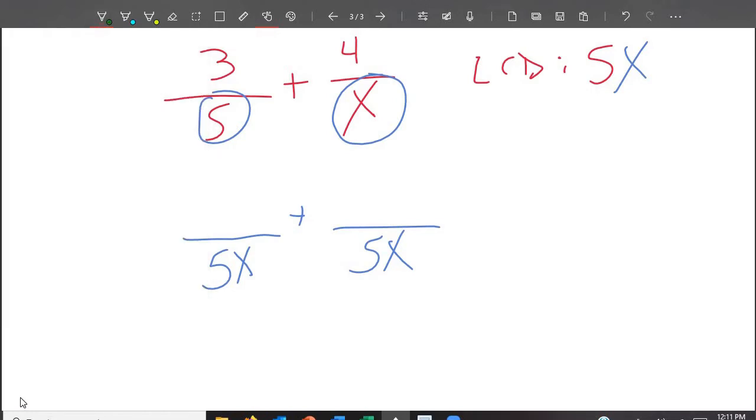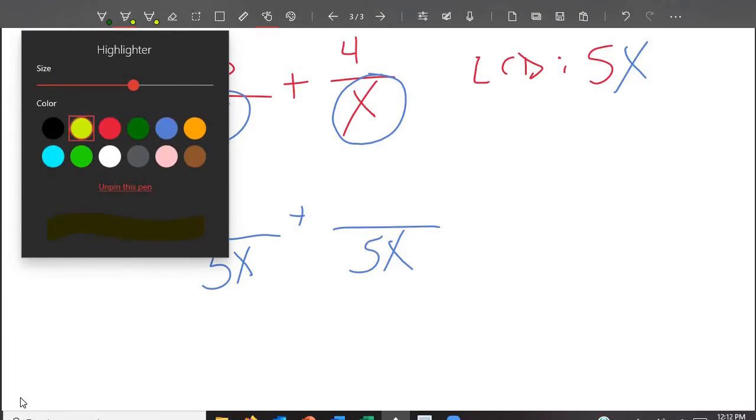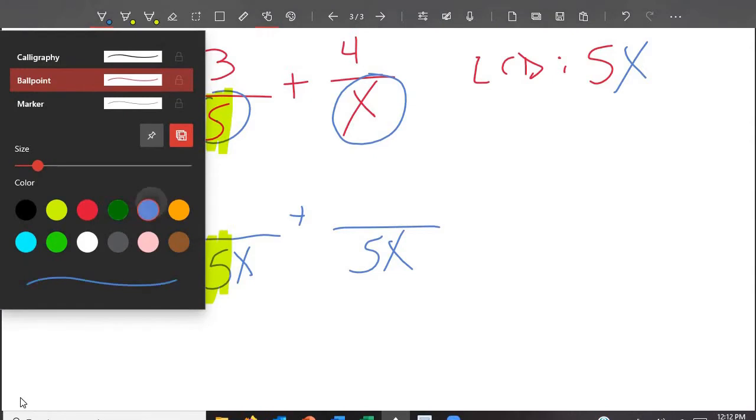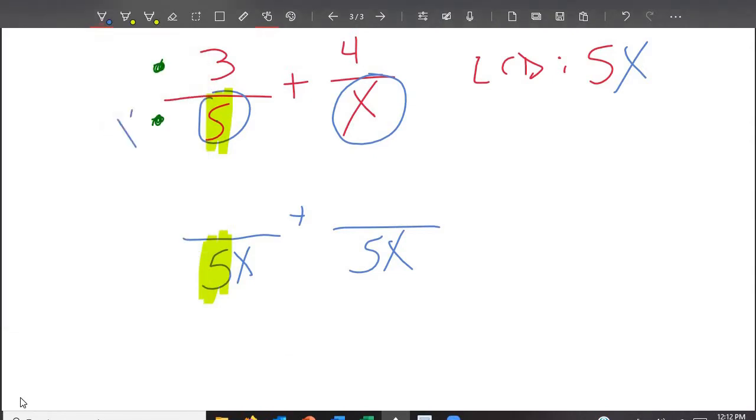Now, if I want this 5 to become a 5x, I'm going to have to multiply it by something. Here's, I think, an easy way to do it. Highlight the original denominator. Whatever's not highlighted, that's what you're going to multiply by.